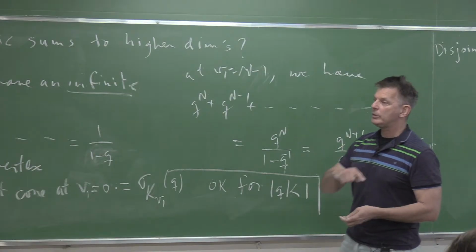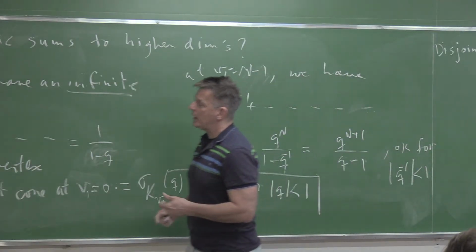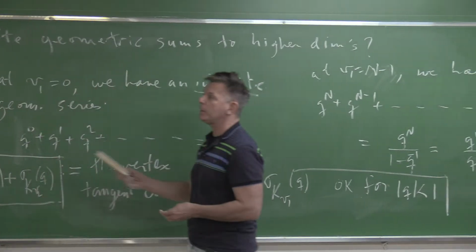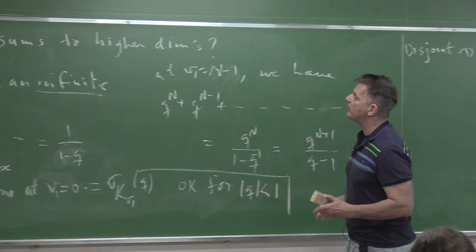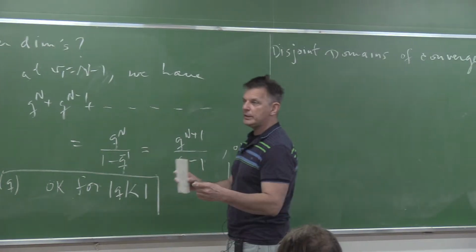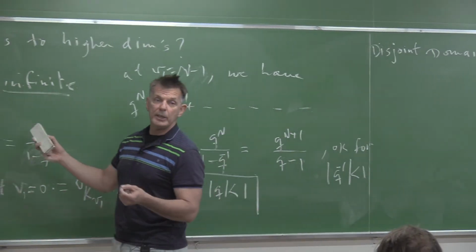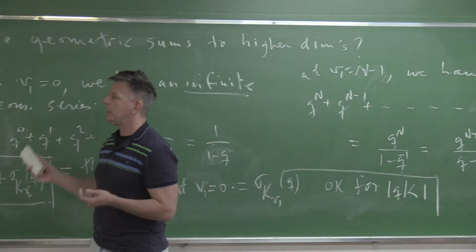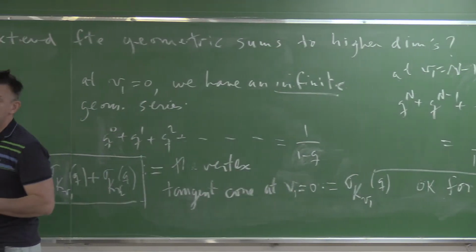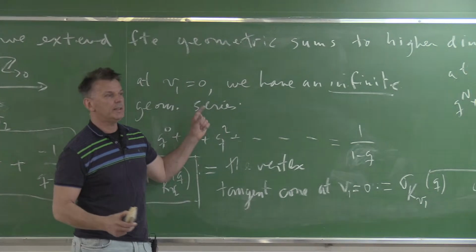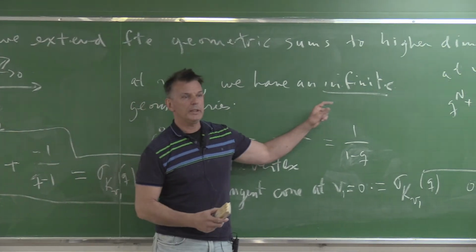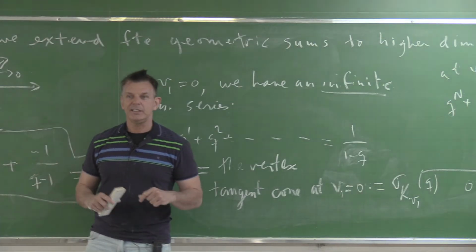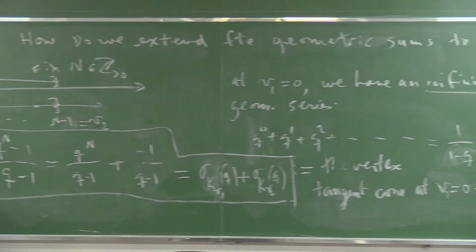I gave another one in 2024 using Fourier analysis, but it's very powerful, this extension of finite geometric series to higher dimensions. So let's do it carefully and slowly through an example in 2 dimensions. Instead of hitting you with all the definitions of vertex tangent cones and domains of convergence and becoming very abstract quickly, you can ride the back of the dog slowly and see examples, and then let's see what happens.